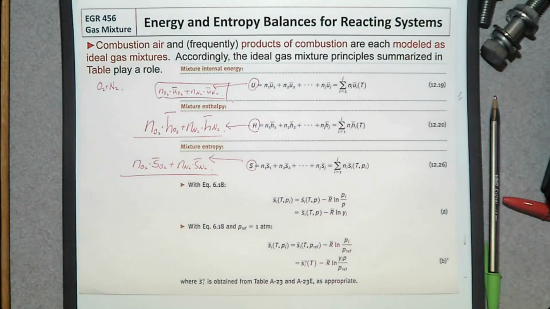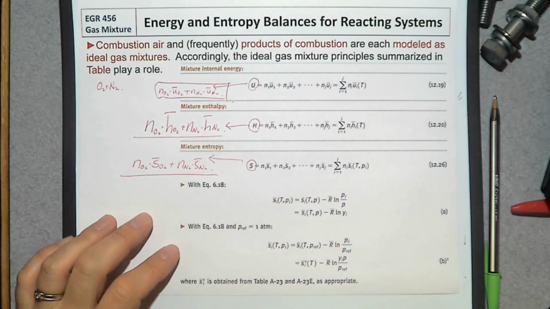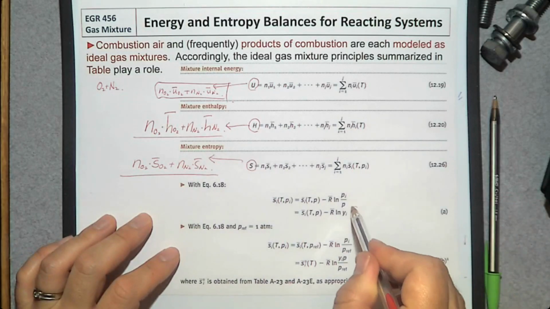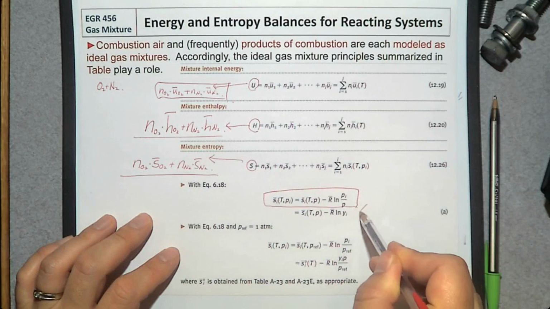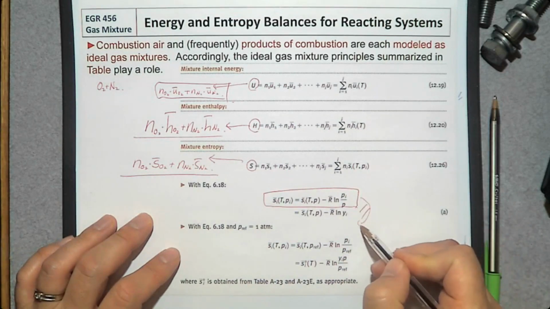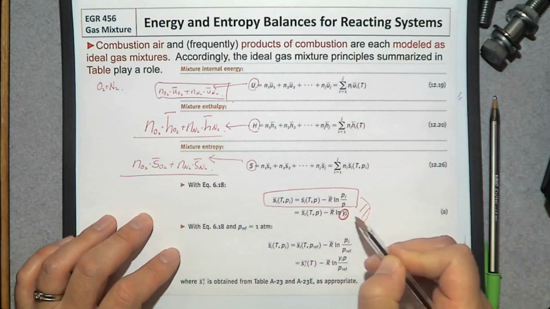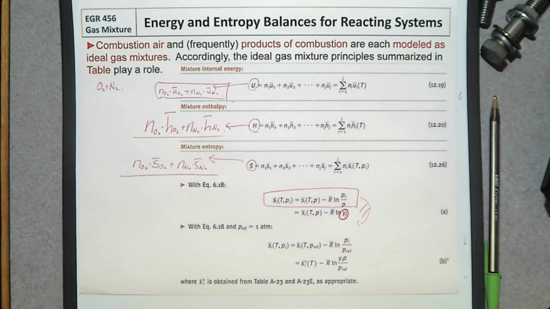But there's one thing you need to be careful about, which is that the partial pressure of each component affects the entropy. So this is how we determine the specific entropy of each component. This is the equation you are going to use, which is actually the same as this equation using mole fraction, because the ratio between the mixture pressure and the partial pressure is the mole fraction.